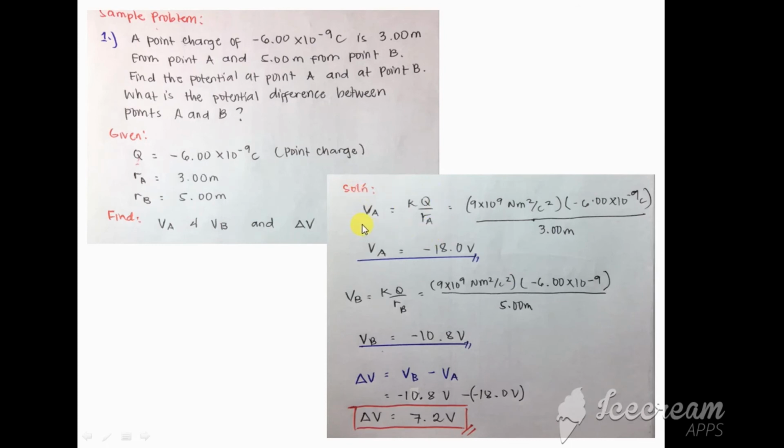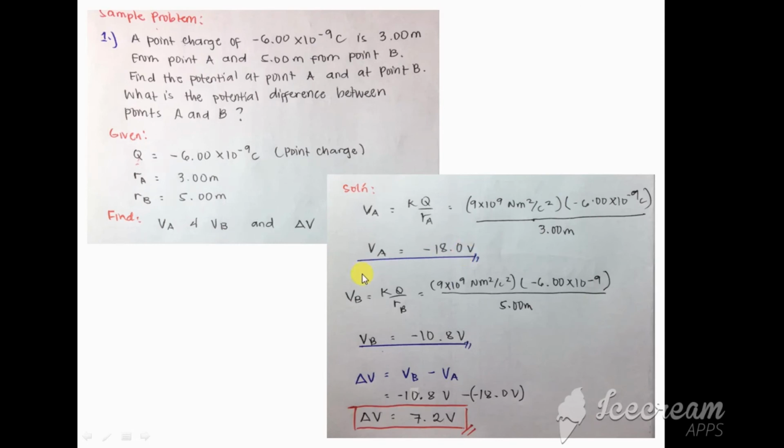So using the formula, V is equal to K times Q over R. So we have there the Coulomb's constant times the point charge over the distance of point A, which is 3.0 meters, giving us the value of -18.0 volts.